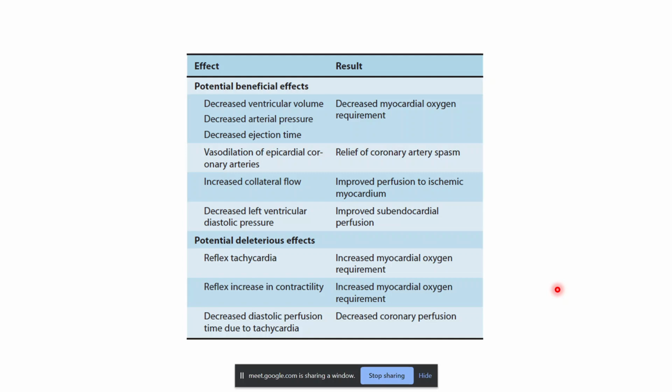The mechanisms by which tolerance develops are not completely understood. As previously noted, diminished release of nitric oxide resulting from reduced bioactivation may be partially responsible for tolerance to nitroglycerin.